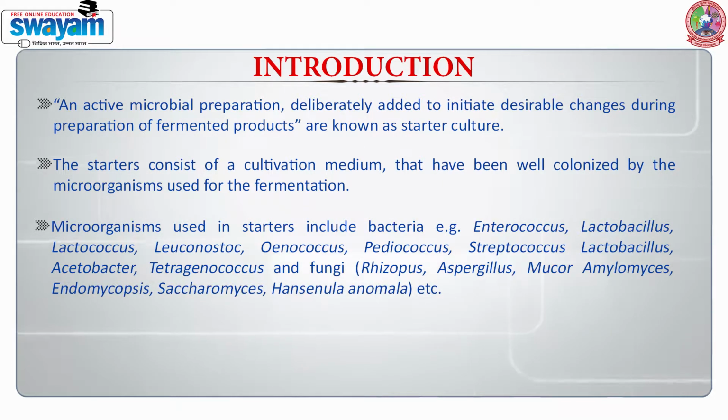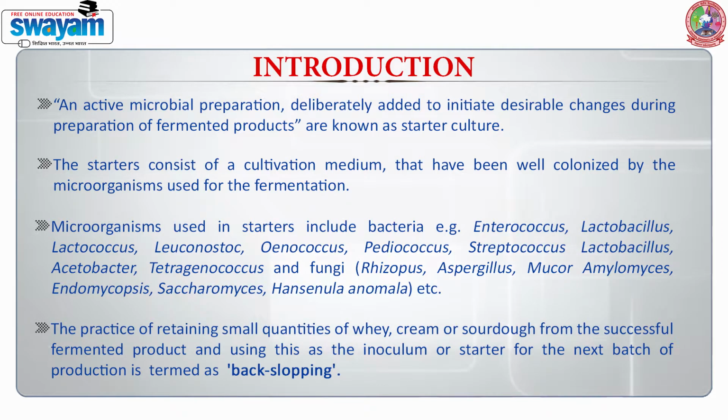Microorganisms used in the starter include bacteria of different types such as Enterococcus, Lactobacillus, Lactococcus, Streptococcus, Leuconostoc, Pediococcus, Acetobacter, and different fungi such as Rhizopus, Aspergillus, Mucor, Saccharomyces, and different yeasts.